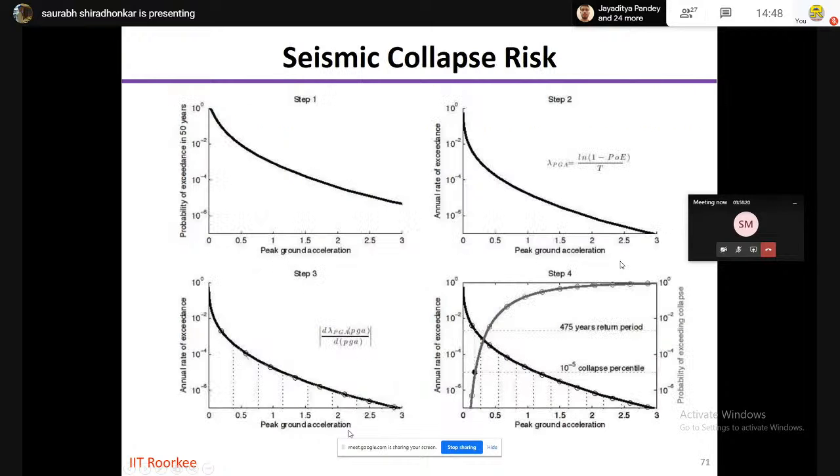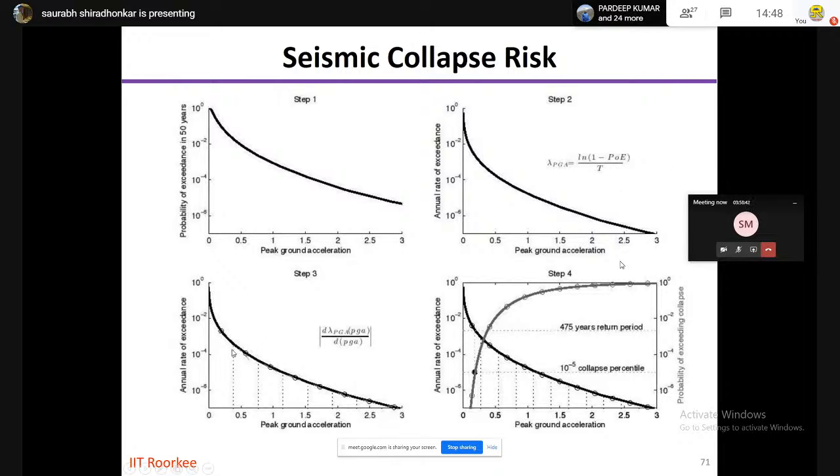So this is the example that I have taken. Let's say this is my seismic hazard at a site, which gives me the probability of exceedance in 50 years against the ground acceleration. This curve I converted into the annual rate of exceedance using the Poisson distribution formula.